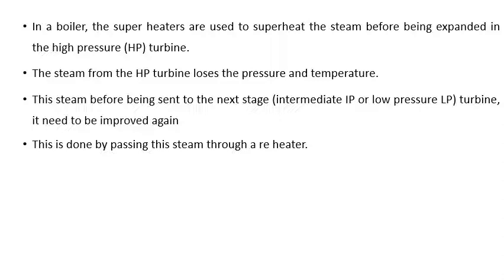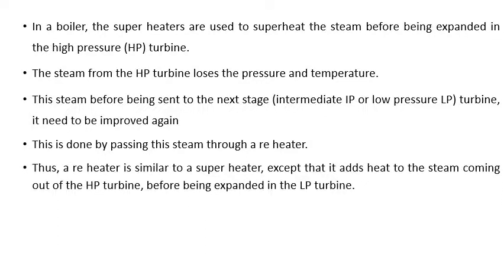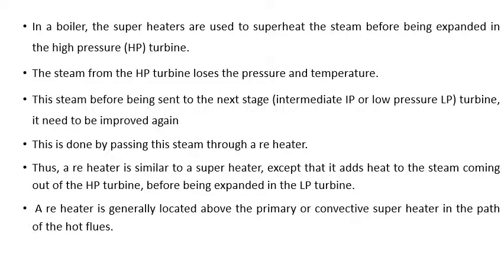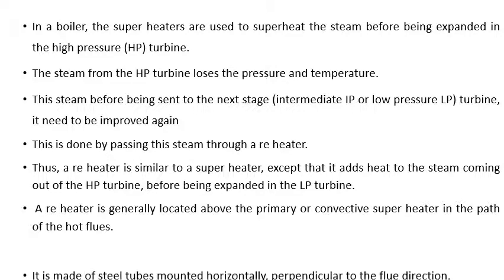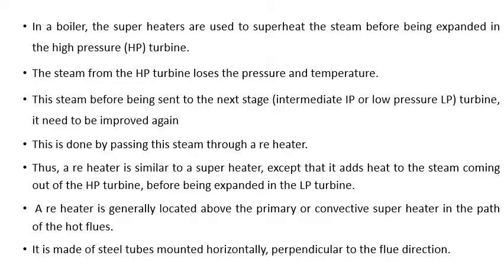Financially it is not justified because it will increase the initial cost, and I have to provide the pipelines, insulation, all those things. The reheater is similar to the superheater except that it adds heat to the steam coming out of the HP turbine before being expanded in the LP turbine. A reheater is generally located above the primary or convective superheater in the path of hot flue gases.